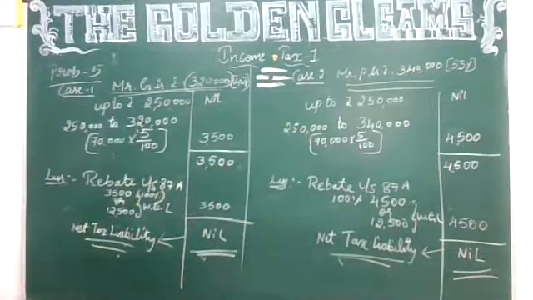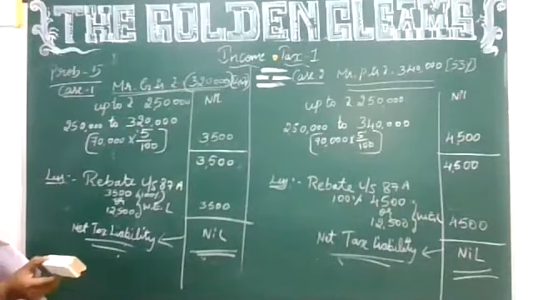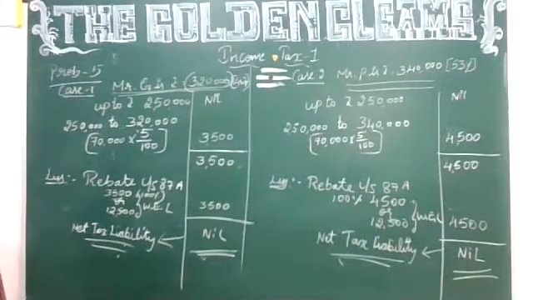Understood, students? Yes. Case 1: the total income is 3,20,000, and we take the first format. Up to rupees 2,50,000 is nil.